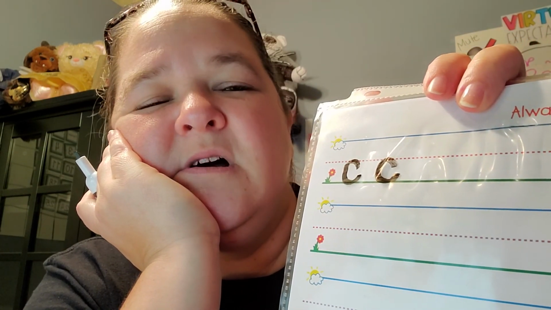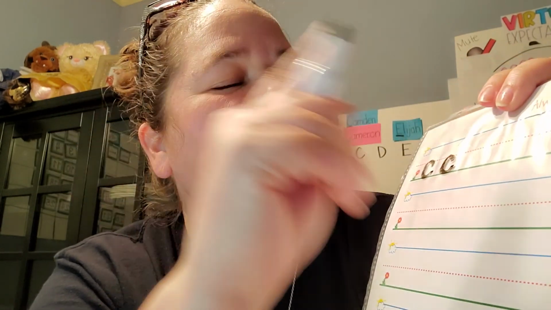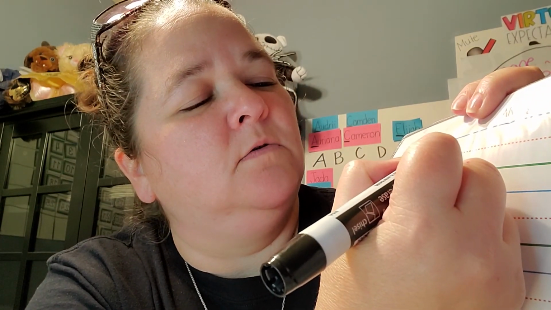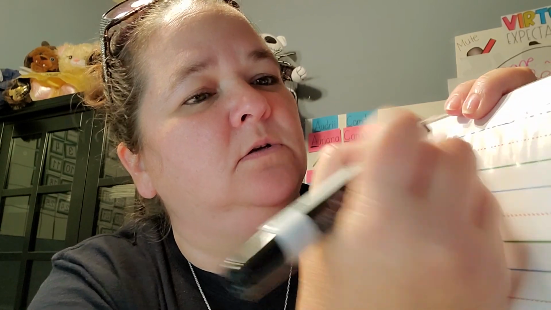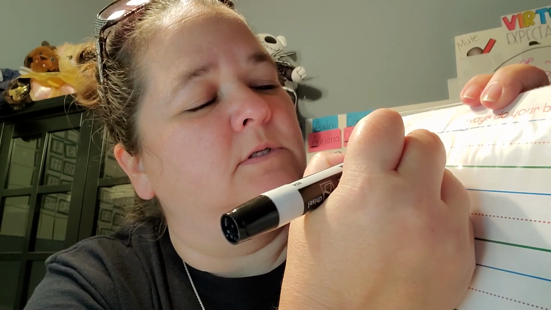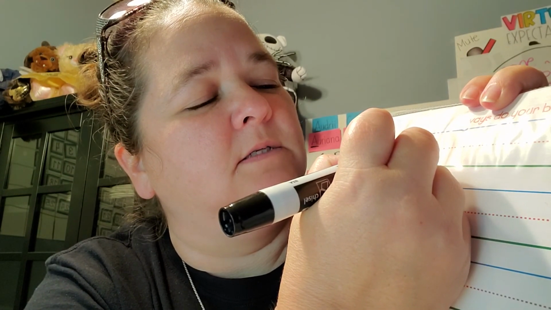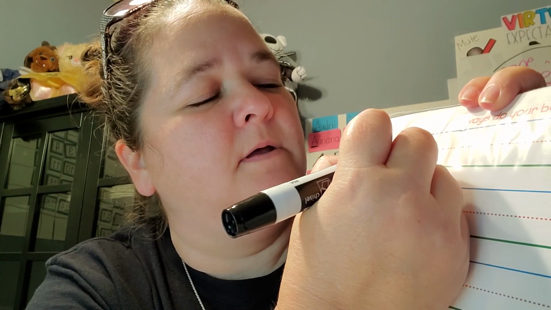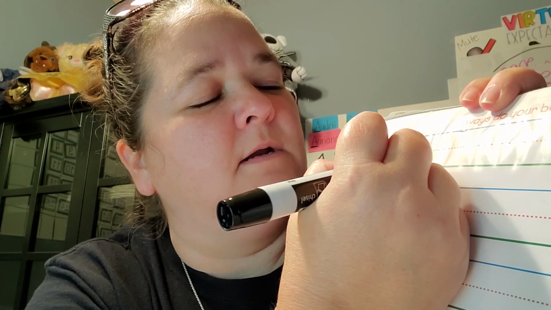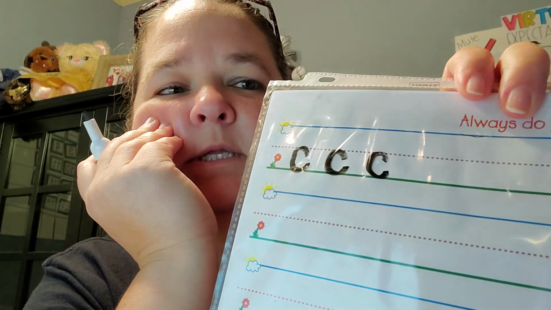Like I said, it's almost like making an O, but you're just not closing your O. So use your finger space, they're not too close together. And we're going to make a third one, just like that.